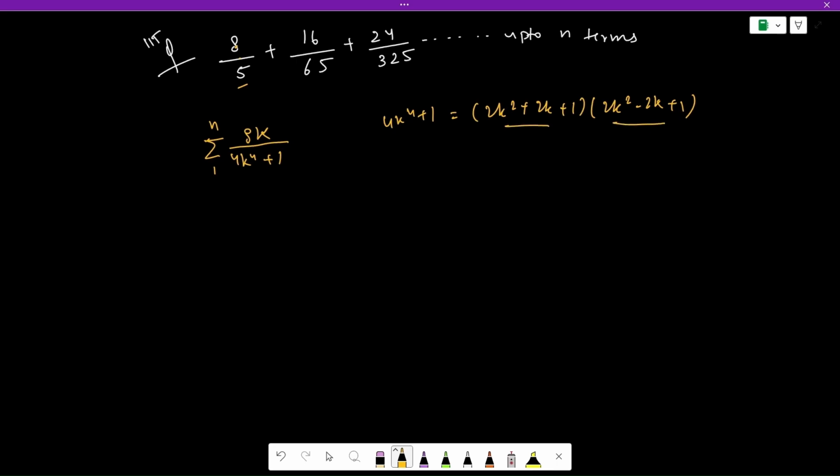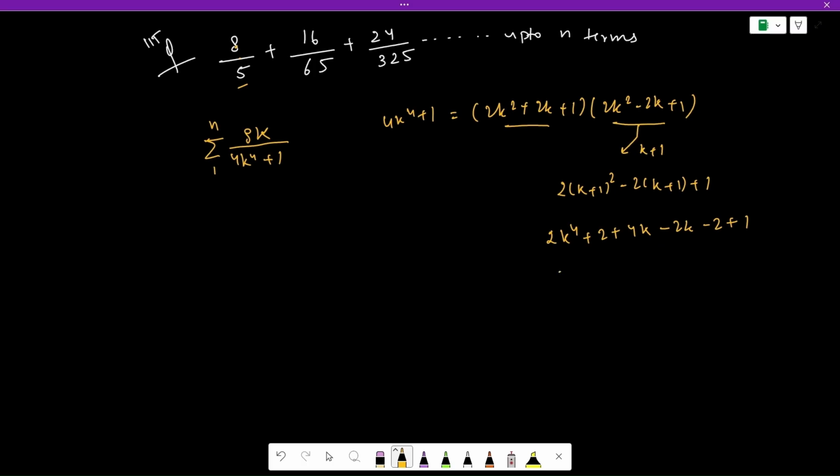Now these terms have a special property, that if you observe and put k plus 1 in this expression, you will get 2 into (k plus 1) square minus 2 into (k plus 1) plus 1. Now let's open it. So this will be 2k square plus 2 plus 4k minus 2k minus 2 plus 1.